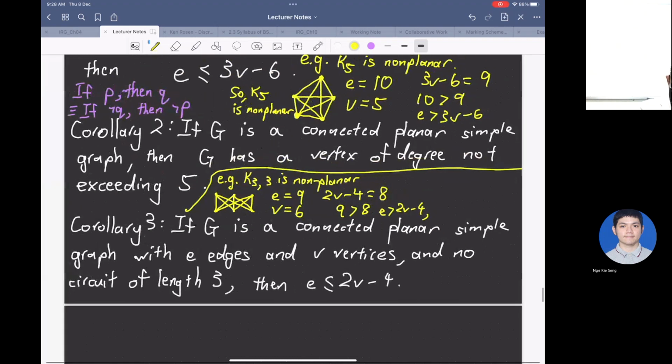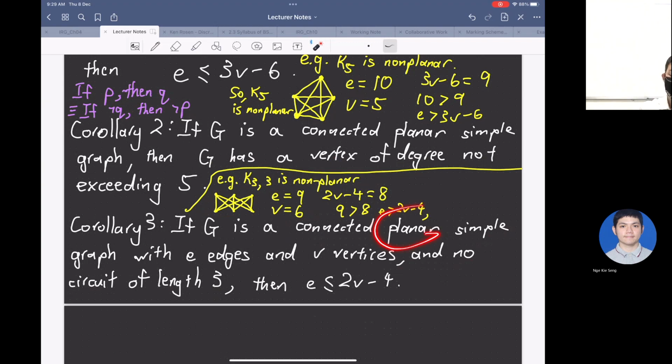And it is connected, because every 2 points are connected by a path. It is simple because every 2 points don't have multiple edges. It doesn't have a circuit of length 3, because if you had a circuit of length 3, then this graph would not be bipartite.